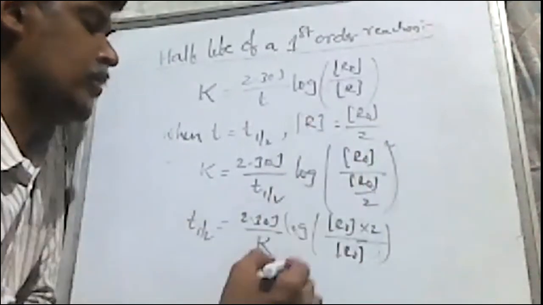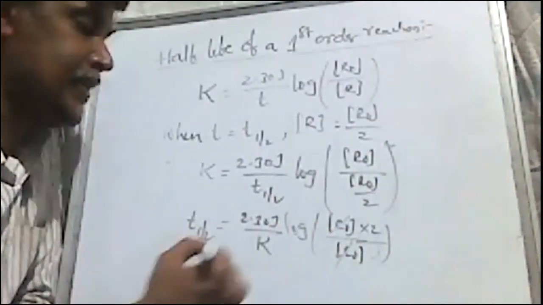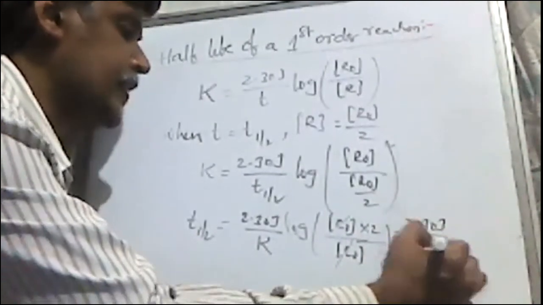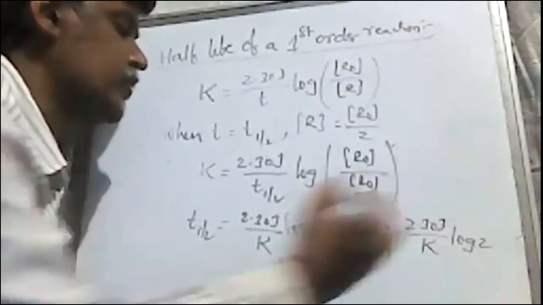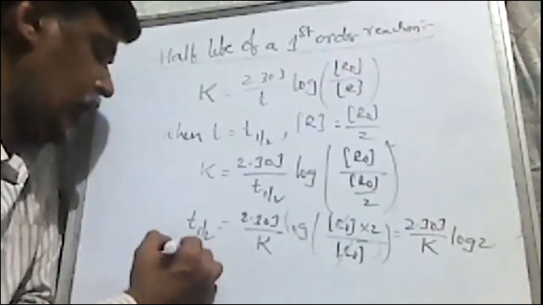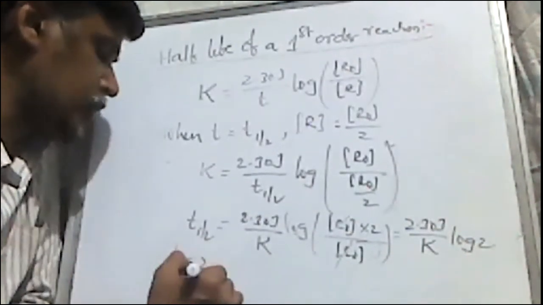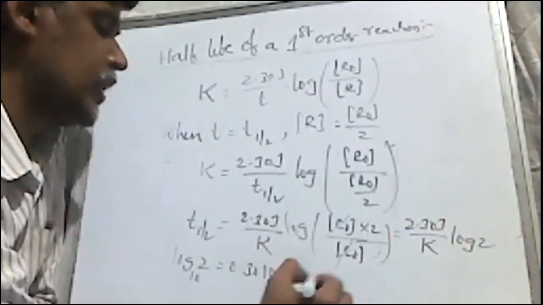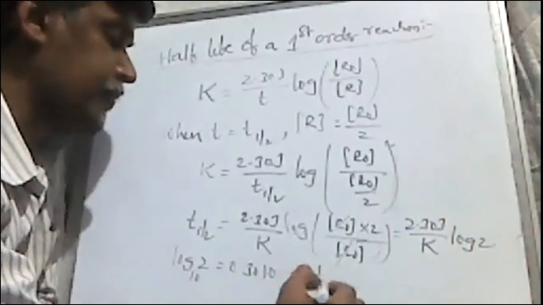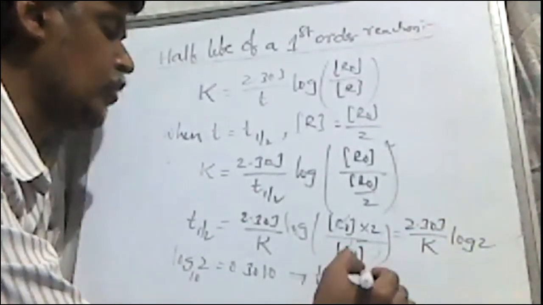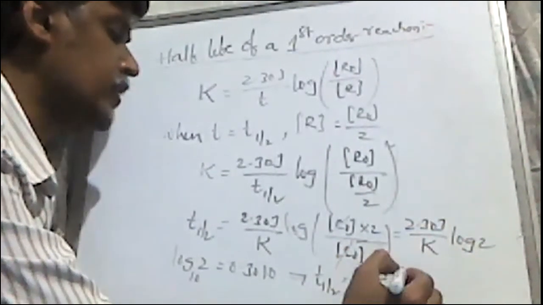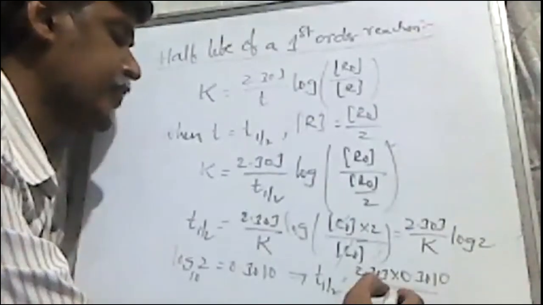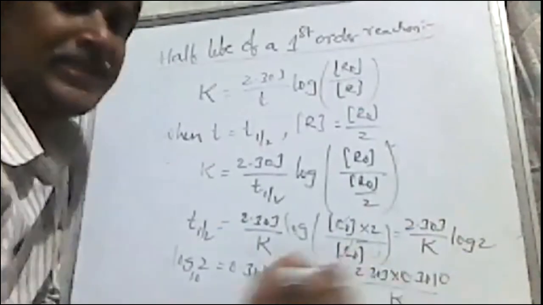Because it is a reciprocal, r naught gets cancelled. It becomes 2.303 by k into log 2. We know that the log 2 base 10 value is 0.3010. That's why t half is equal to 2.303 into 0.3010 by k.